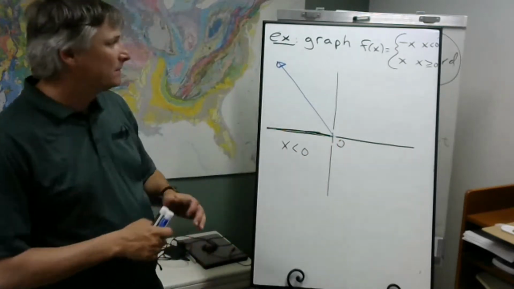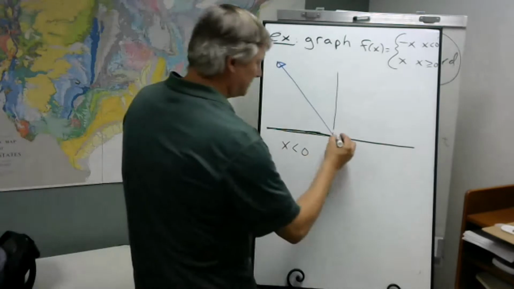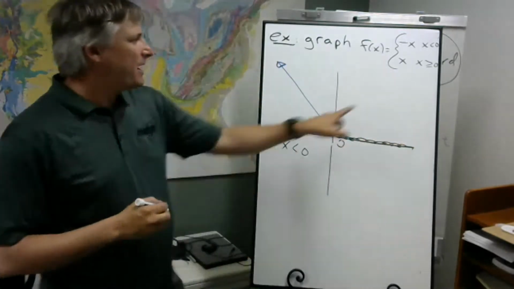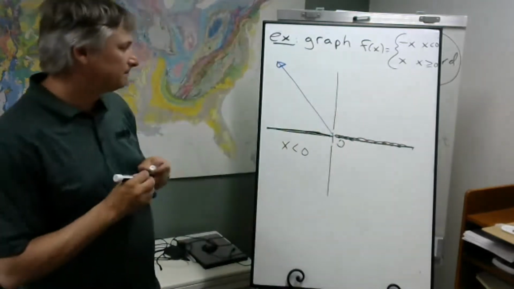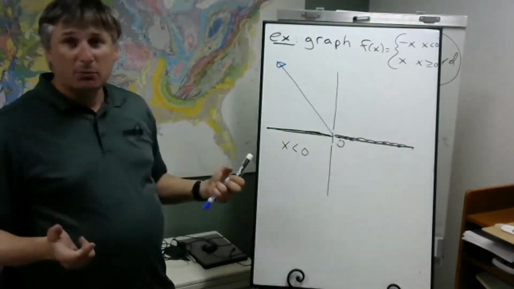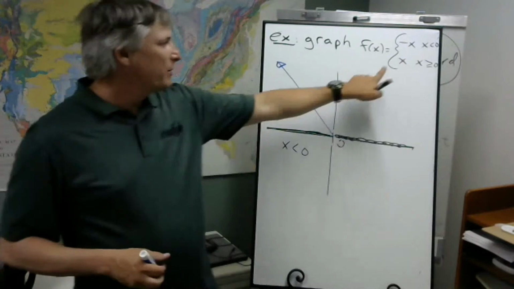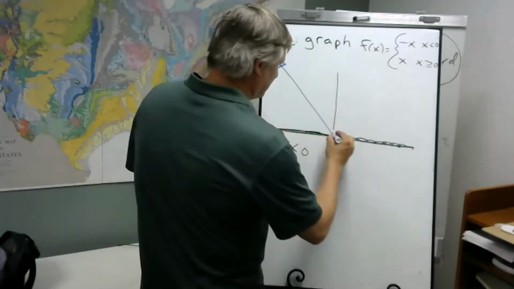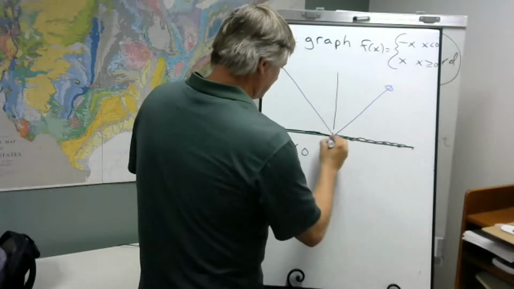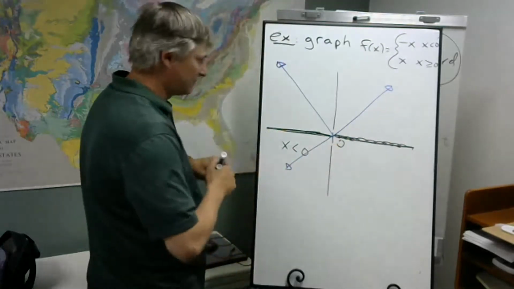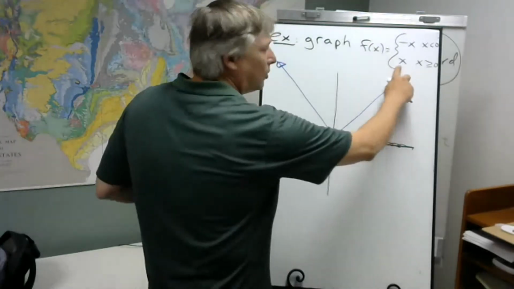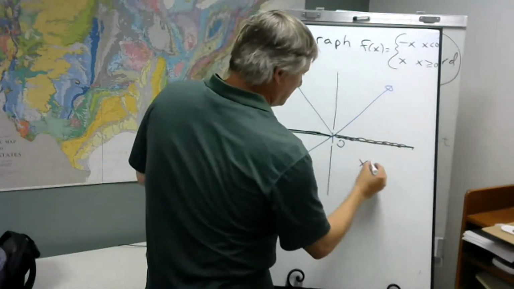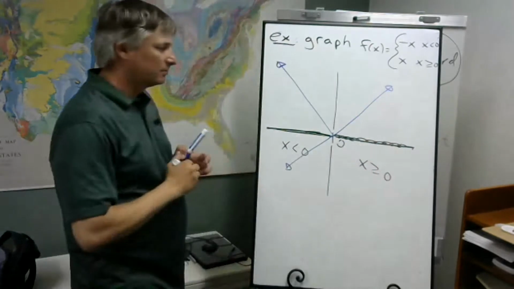Let's look at the second. Now the second one is x is greater than or equal to 0. So what piece do we have here? Well, we have f of x now equals x, and that's this line here. But keep in mind, we're only supposed to use this function when x is greater than or equal to 0.